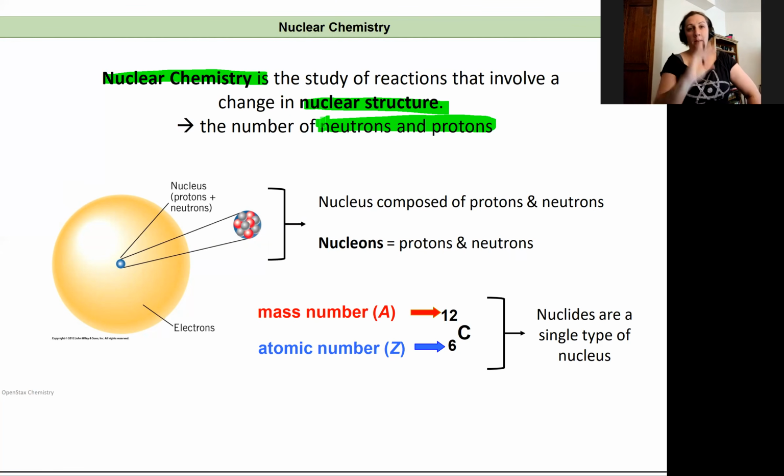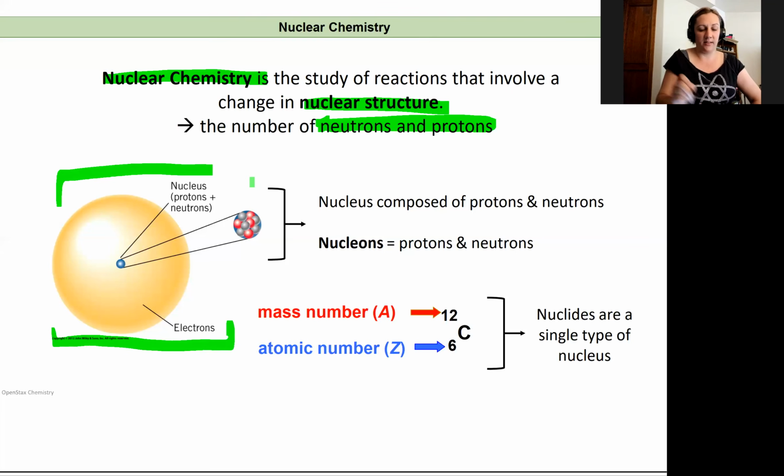So if we remember our overall atomic structure from Chemistry 161, in chapter 2 of your textbook, if it feels rusty, we have an atom that is composed of an electron cloud that makes up the volume of the atom. And then the mass of the atom all comes from the nucleus, which is really tiny and in the center.